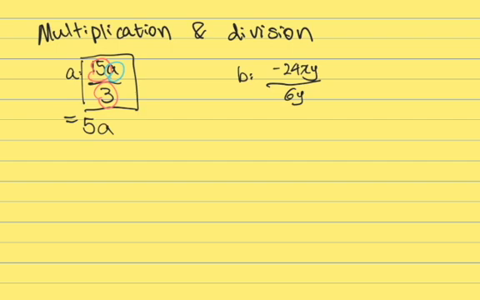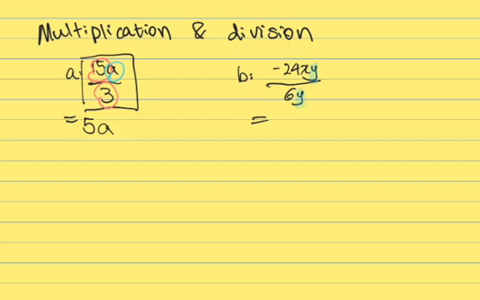Now let's look at question B. Negative 24xy divided by 6y. As we can see here, there's a y in the numerator and there's also a y in the denominator.